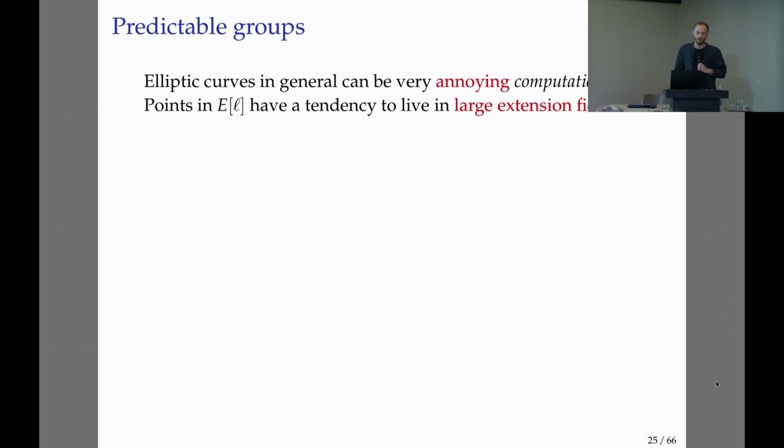So it's kind of a tricky issue to find good curves to work with. And one example of why we want that is because if you want to write down points of order L, where L is some prime, in general for a random curve you would really have to go to large extension fields of degree approximately L or even L squared in some cases to find these points.